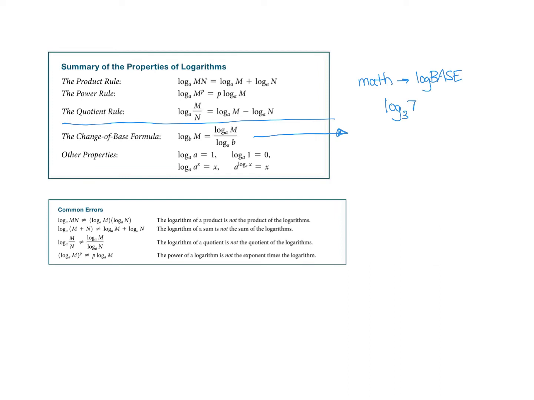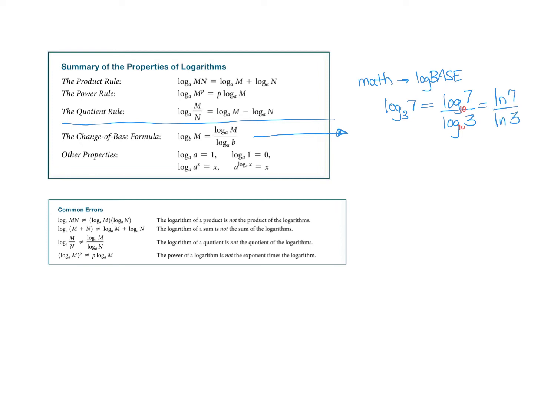But if your calculator doesn't have that, you would write it as log 7 over log 3. And you could make this any base you wanted. We typically would make it either base 10, or you might make it the natural log, only because those two we can use our calculator with.